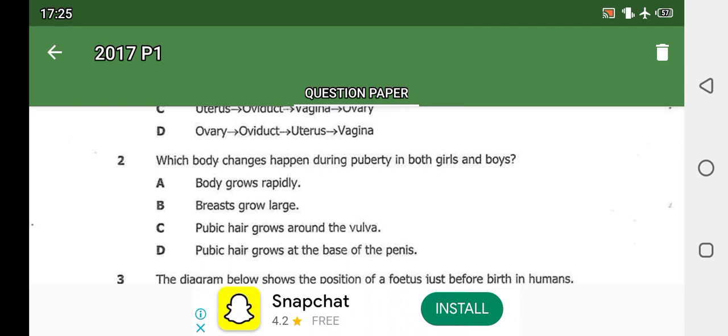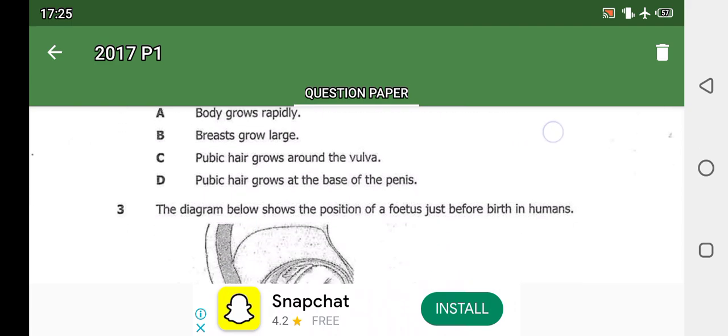No. C, pubic hair grows around the vulva? No. Pubic hair grows at the base of the penis? No. Body grows rapidly. This usually happens to both boys and girls. So the correct answer is A.